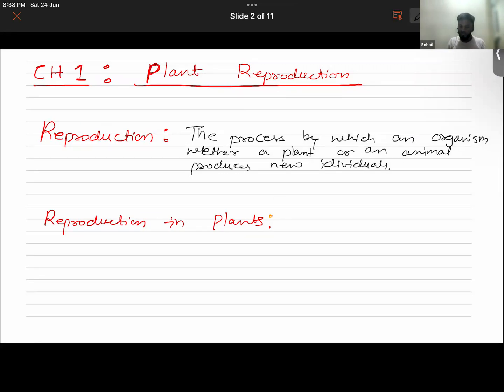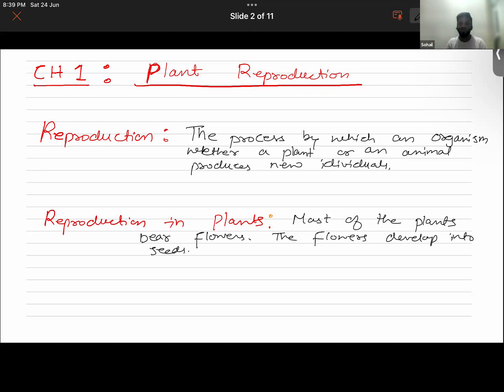So the flowers develop into seeds, and these seeds will give rise to new plants.